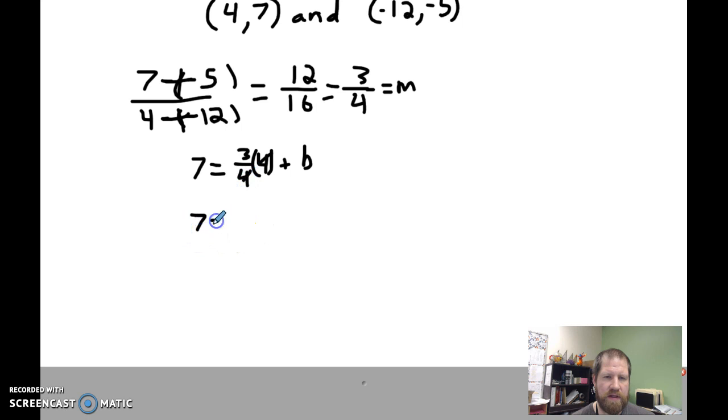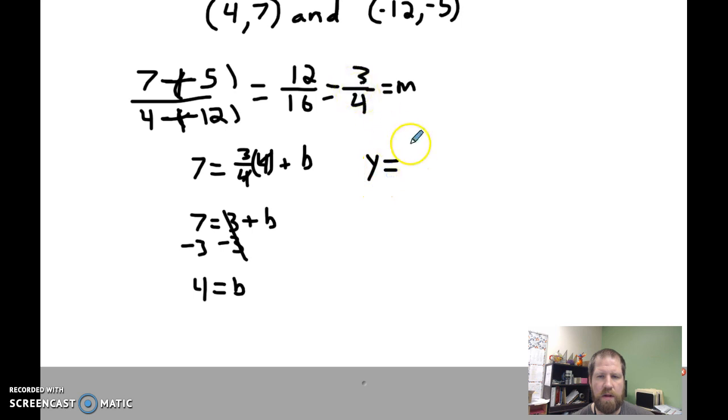I'll have 7 equals 3 plus b. Subtract 3 from both sides, and I will have 4 equals b. If 4 equals b, I have y equals 3/4 x plus 4. And I'm done.